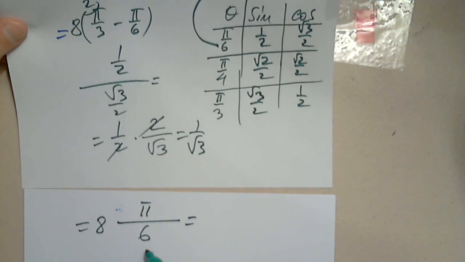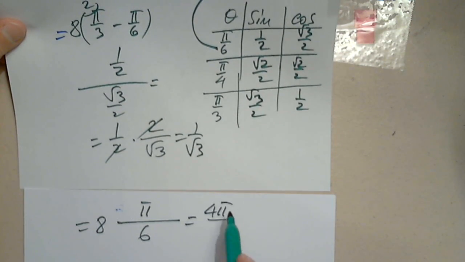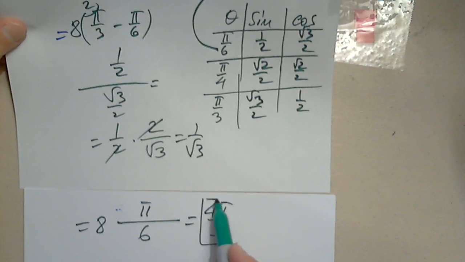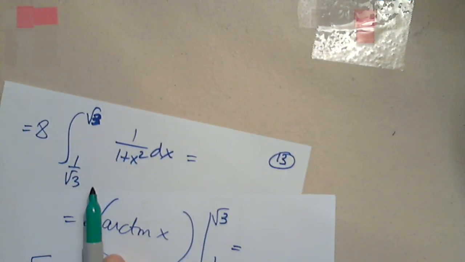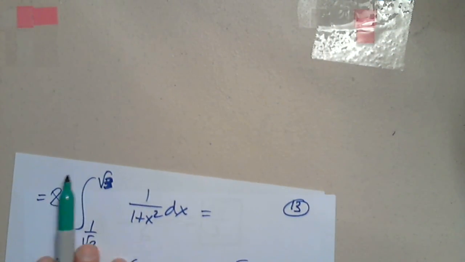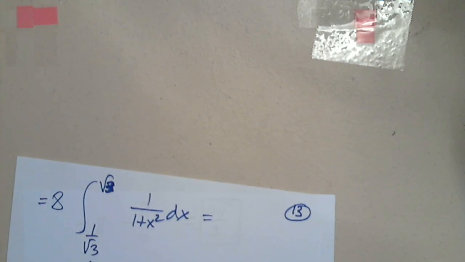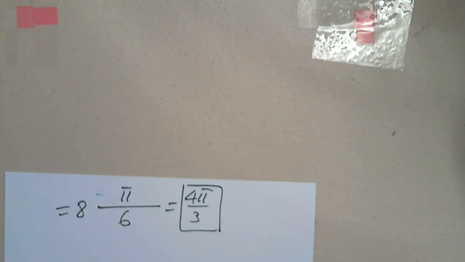I'll simplify by 2, so it's 4 pi over 3. And that's the final answer. That's the number that represents the area under this graph between these two numbers. 4 pi over 3. Any questions?